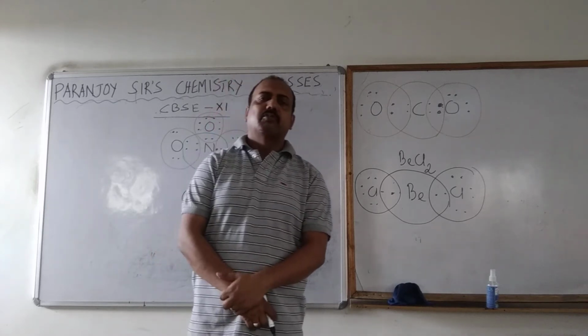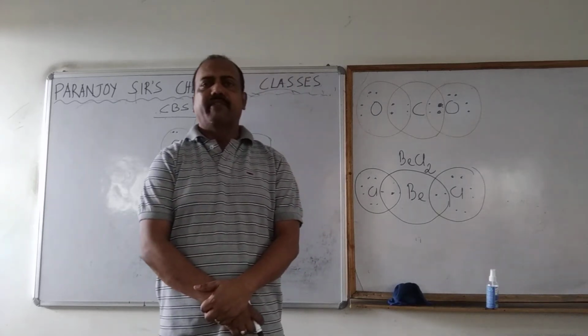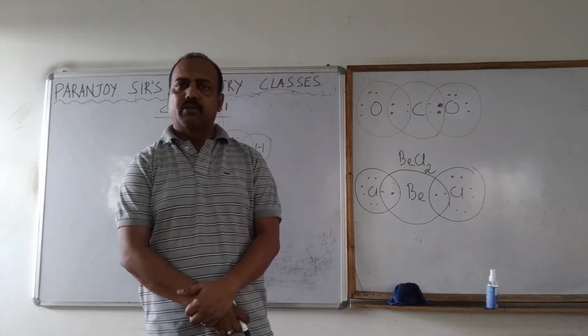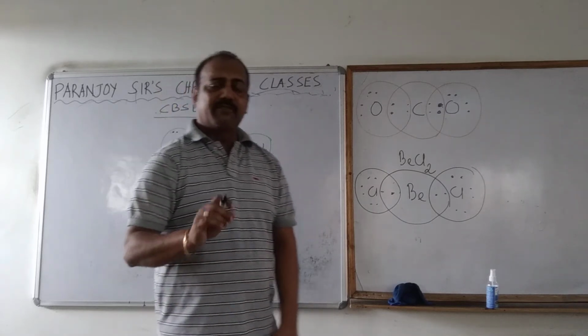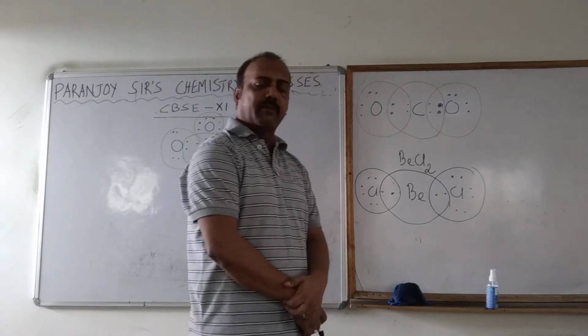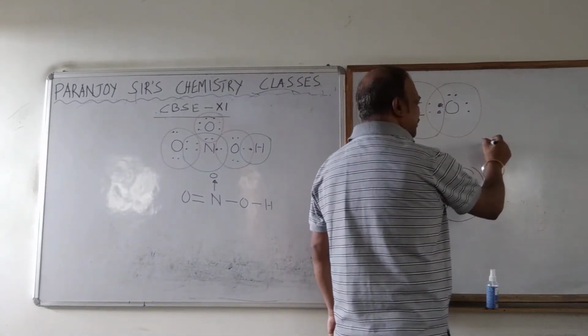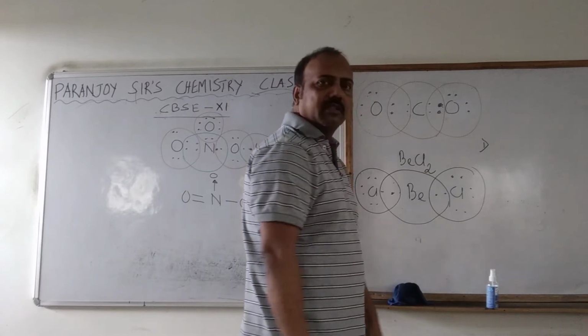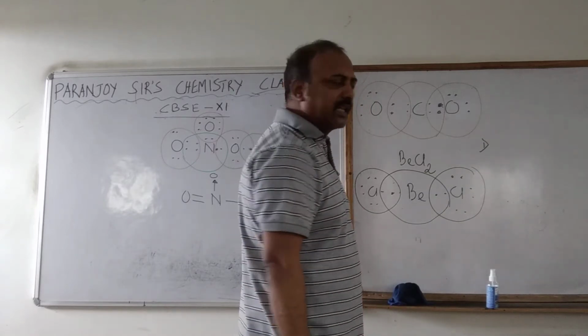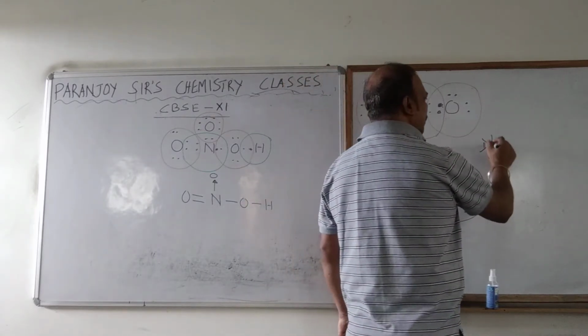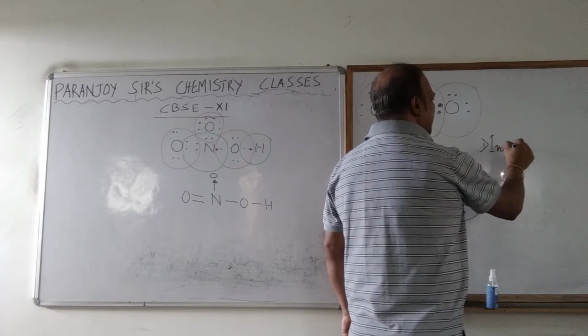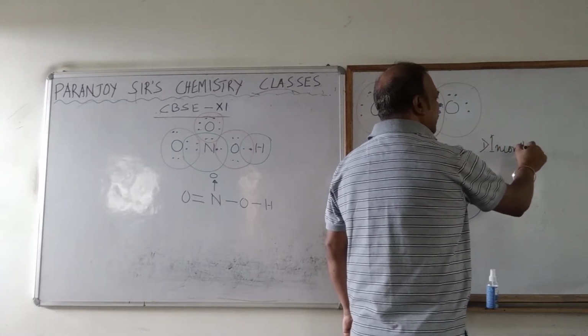The central atom of this molecule has less than 8 electrons. And this is the first limitation of the Lewis dot model. I'm writing it over here: the first limitation, and that is called incomplete octet. We call it incomplete octet.